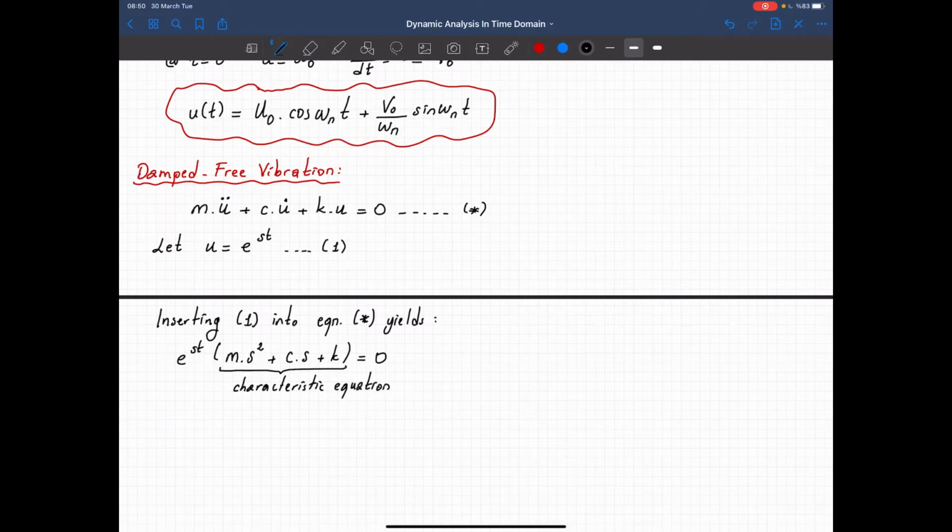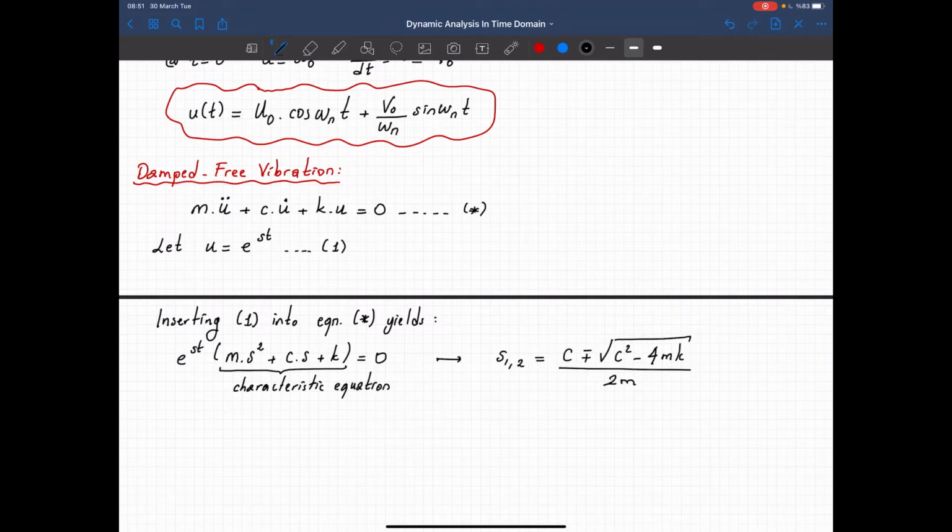Now, let's take a look at the roots of this characteristic equation. So s1 and 2 will be equal to minus c plus and minus square root of c squared minus 4 times mk, divided by 2m. So depending on what we have inside the square root, we have different behavior.